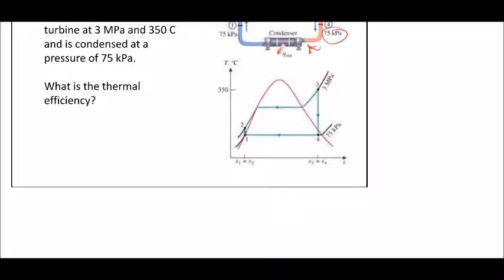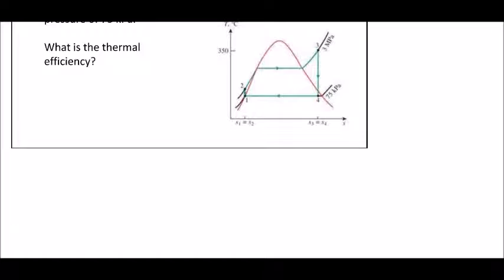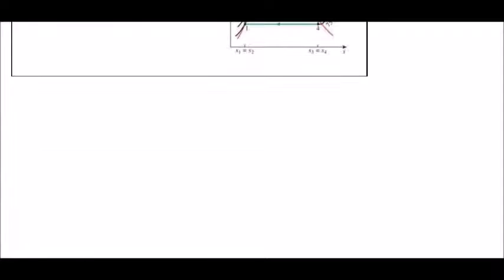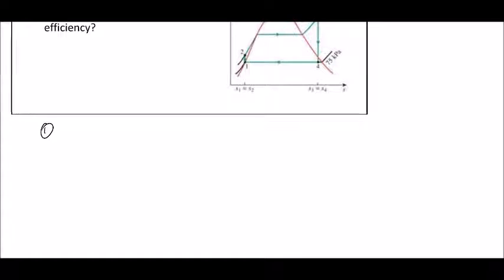But we're going to forget about the problem for now, and just focus on fixing the state at every point, from 1 all the way to 4. How do we do that? We'll start at state 1. At state 1, we can see on the diagram, it is on the line that's 75 kilopascals.